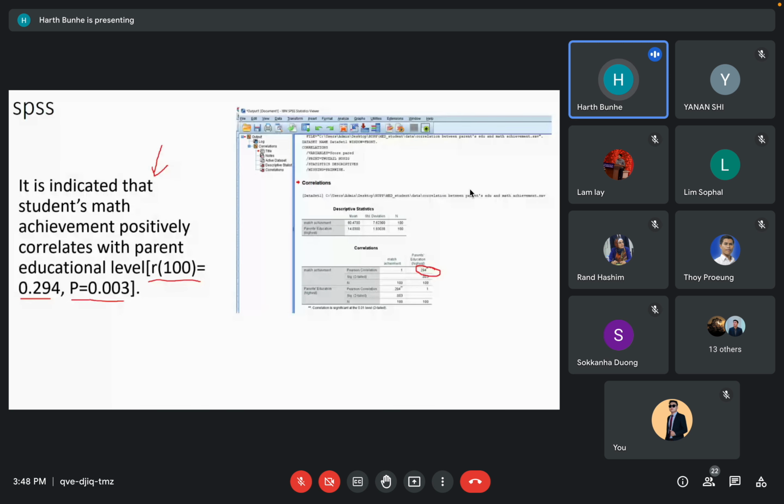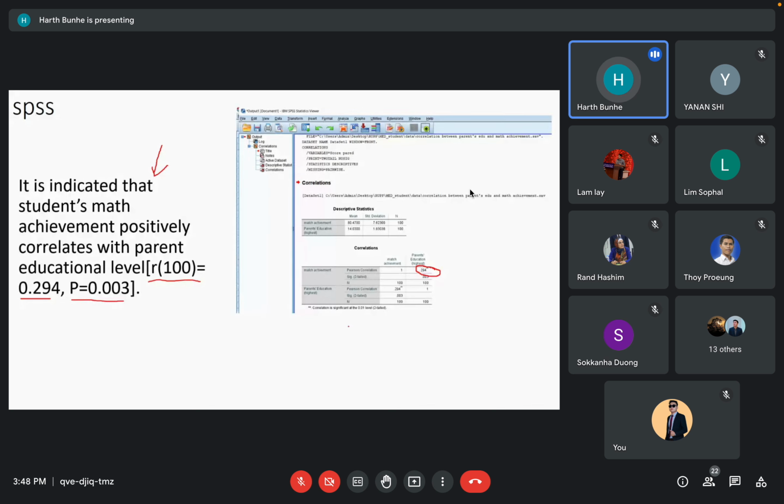0.05 is the cut point. If the p-value here is higher than or equal to 0.05, it means the correlation does not exist. But here, the correlation exists.